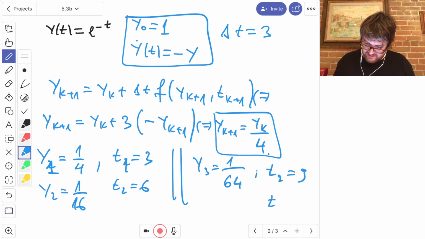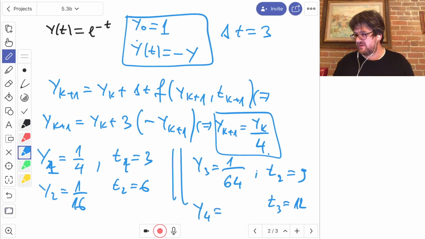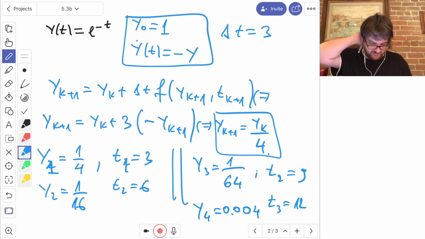Last one, t4 equals 12, and y4 equals 64 times 4, 256, 1 over 256, which is about 0.004.